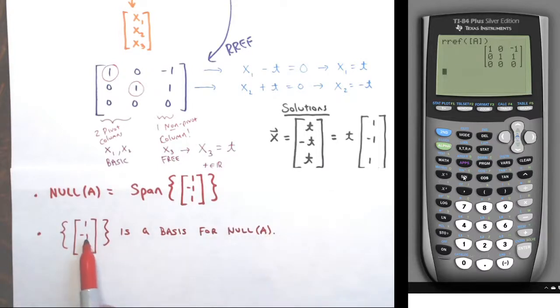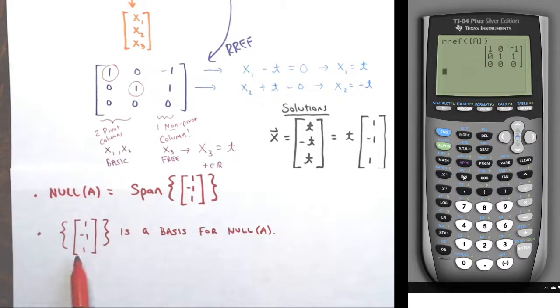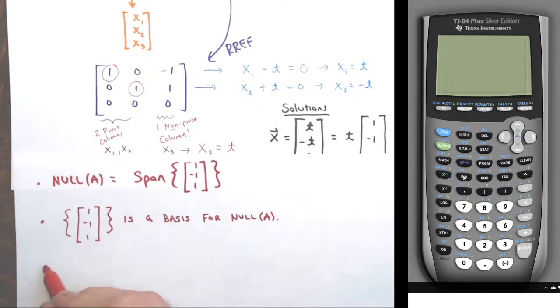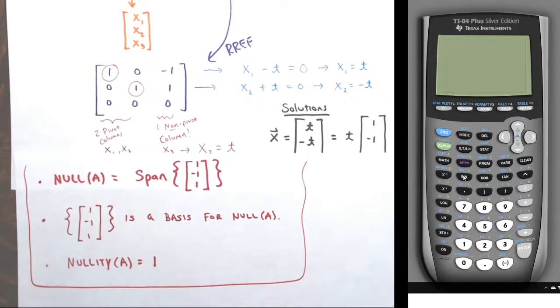And double check, it obviously spans the space, because every vector in here is a scalar multiple of 1, -1, 1, and it's a set with only one non-zero vector, and any set with one non-zero vector will be independent. So then the nullity of matrix A is equal to 1. This is the dimension of the null space. How many vectors are in a basis that you're seeing? And I'm only seeing one vector in that basis for the null space.